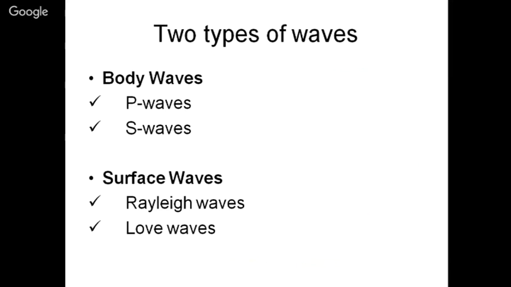Now the types of waves which travel due to an earthquake. We have two types of waves, body waves and surface waves. Body waves have further classification, P waves and S waves. Surface waves are of two types, Rayleigh waves and Love waves. These are classified depending upon their motion.